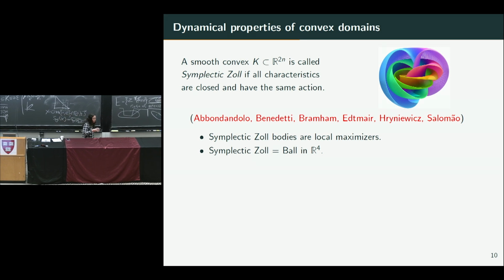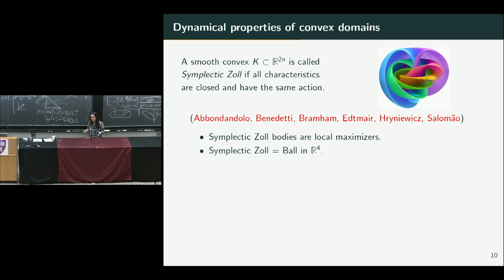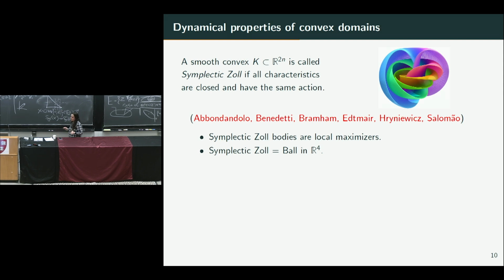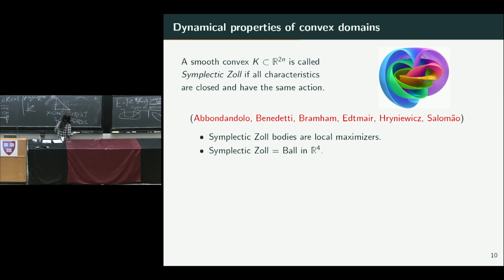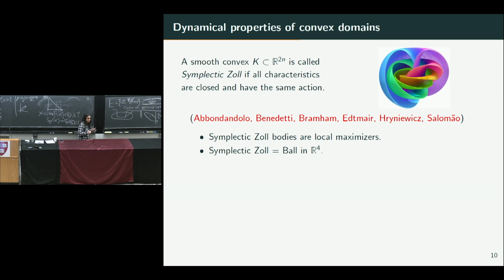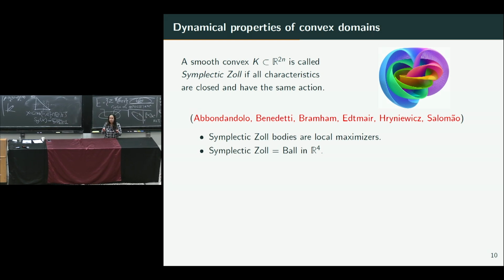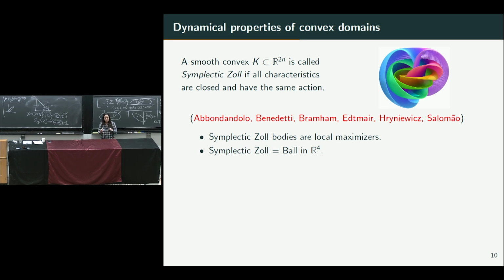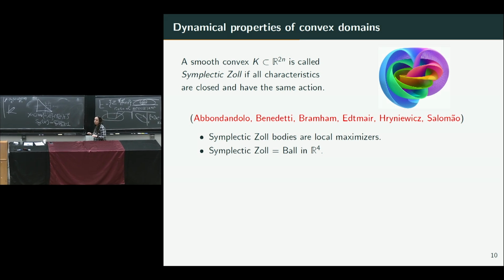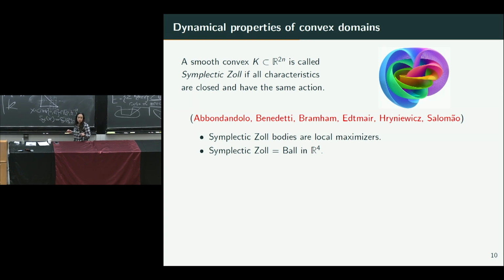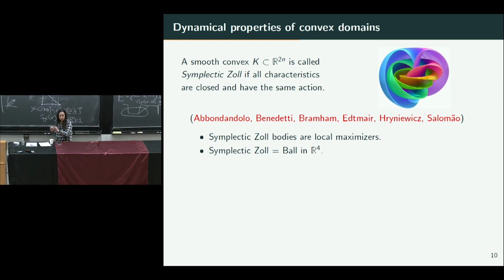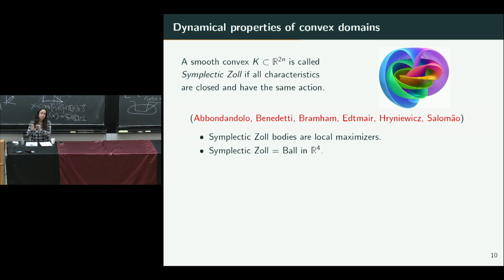I have a choice of normals which will make it so. But under that definition, the standard cube would also be Zoll. But the standard cube is not symplectomorphic to the ball and has a very bad systolic ratio. So we see somewhat of a different behavior already between the smooth and the non-smooth case. So these results are only for smooth domains. That's why it's not proving the conjecture.